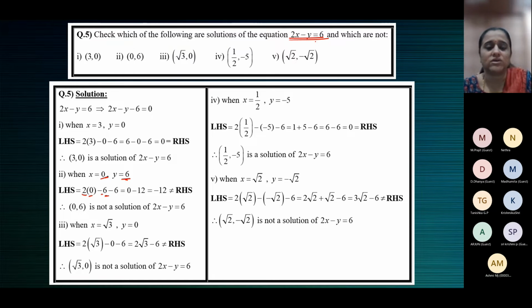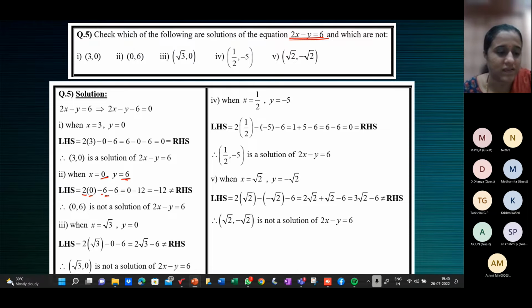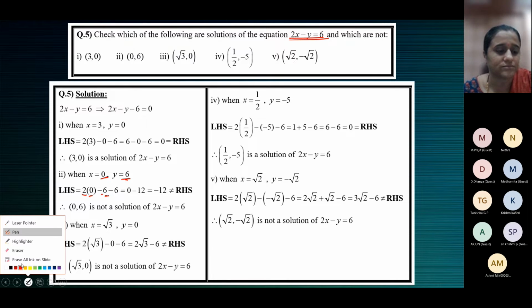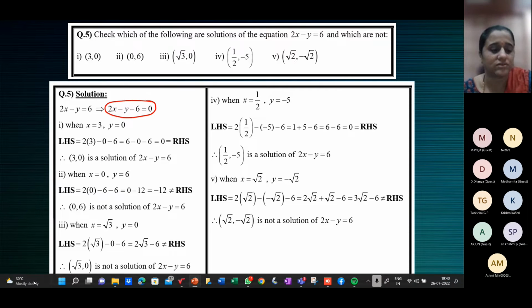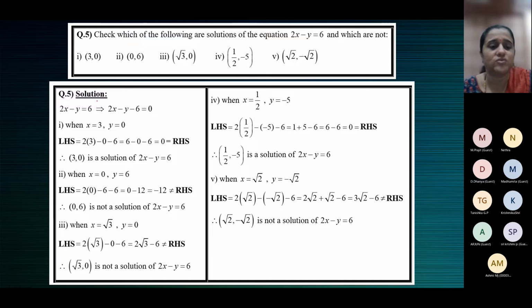I've written the equation in the standard form first: 2x minus y minus 6 is equal to 0. I've taken this as the LHS, and I work and check if we get 0.